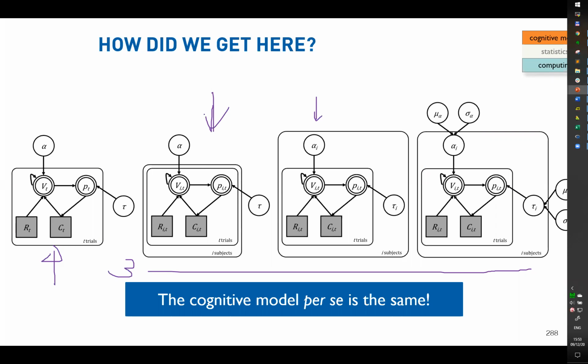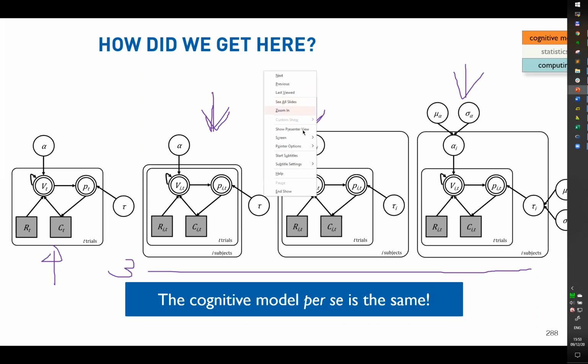So here the hierarchical structure basically doesn't assume individual variation, so that everyone has the same parameters, right? This one is another extreme that basically means everyone's different. There's no commonality. And what we want to do is we just make a compromise. We combine the individual level and the group level. So how the parameter is fitted is different across the three illustrations. But the actual model itself, the cognitive model, can be Rescorla-Wagner, can be something else. There's no change. Okay.